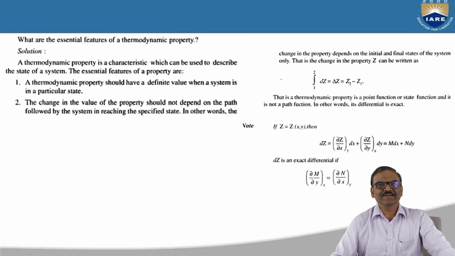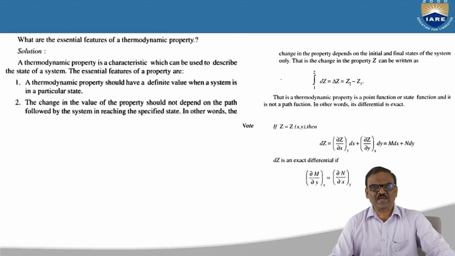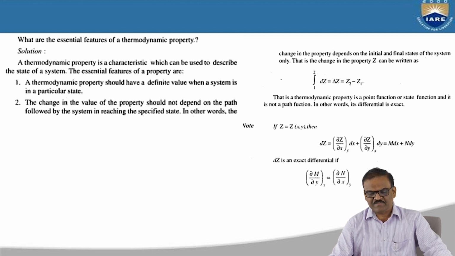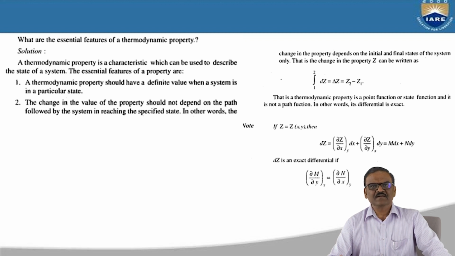When do you say it is a thermodynamic property? In the previous aspect, what we have seen is that a property describes the state of the system. Then a thermodynamic property is a characteristic which can be used to describe the state of the system.